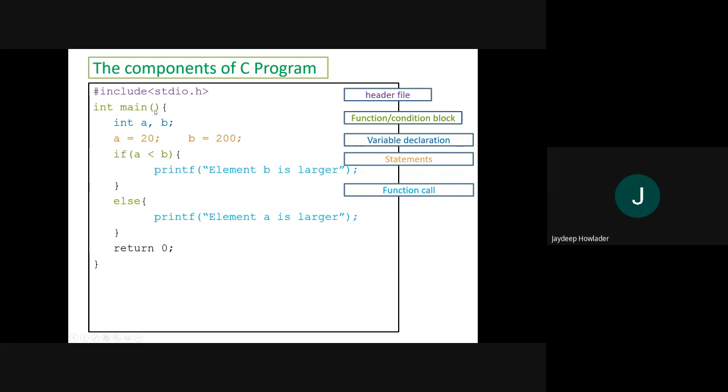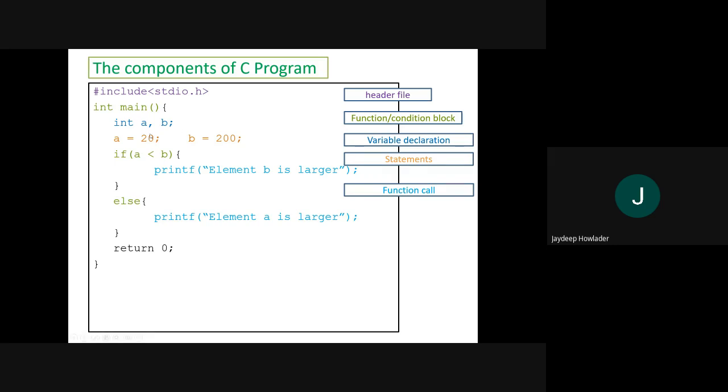The blocks may be a functional block or a conditional block. Main is basically a functional block, but if and else are conditional blocks. So the structure of the program always starts with the header file. Then there will be some blocks. The outer blocks are basically functional blocks, and within the functional blocks there may be other functional blocks or conditional blocks.